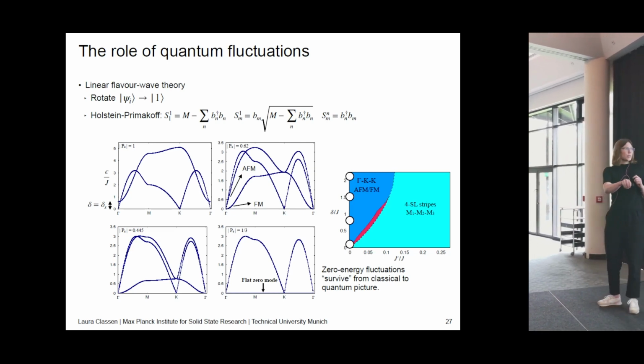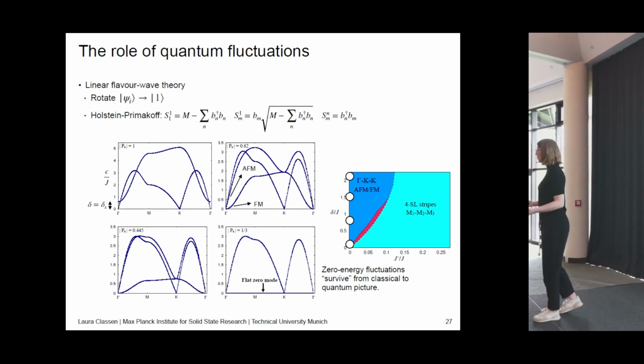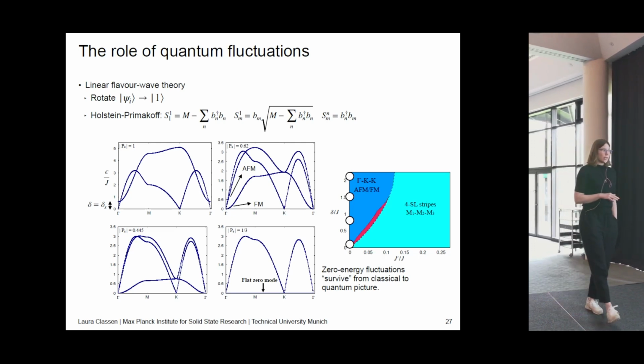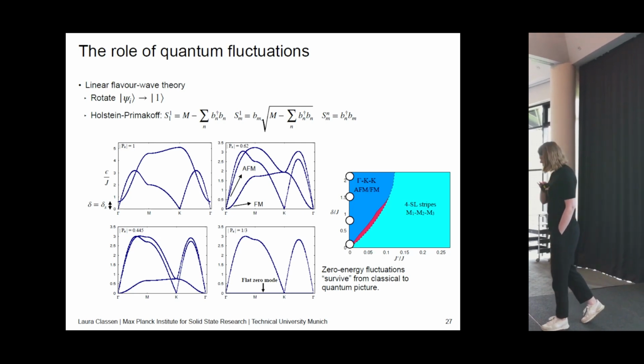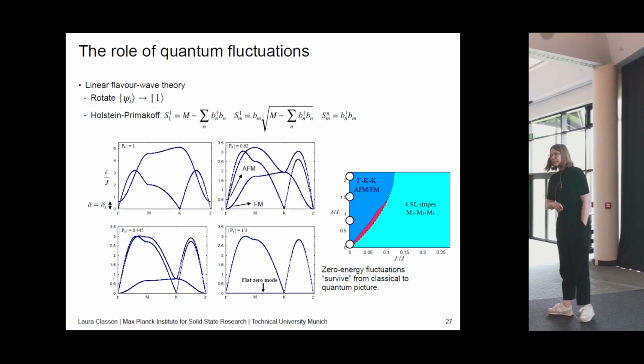And this, of course, means that probably my ground state won't be stable because I have a zero mode in the system. So here you see that these zero energy fluctuations from this huge classical degeneracy even survive to the quantum level.